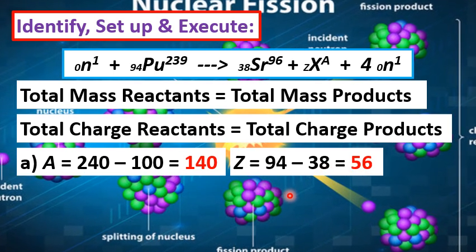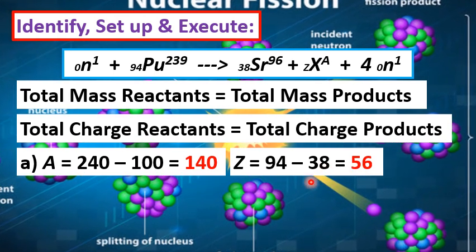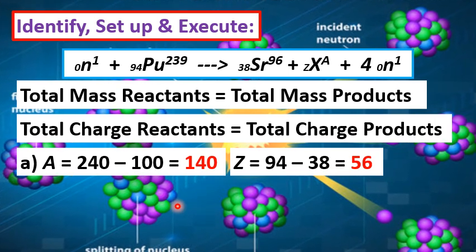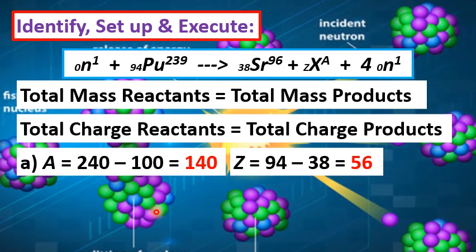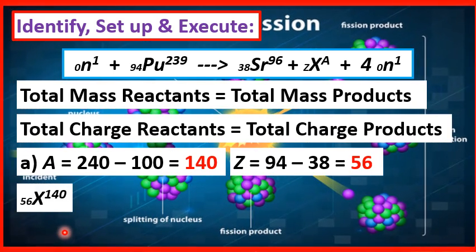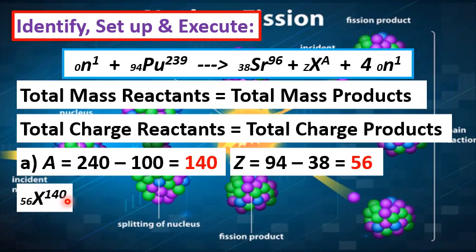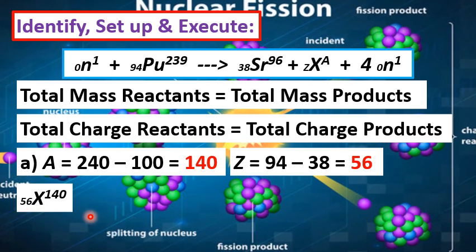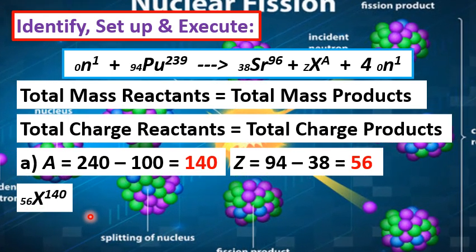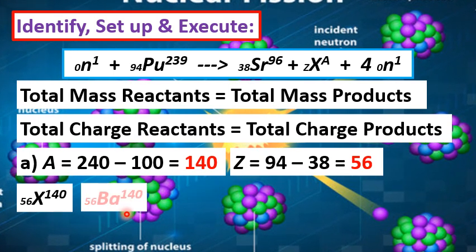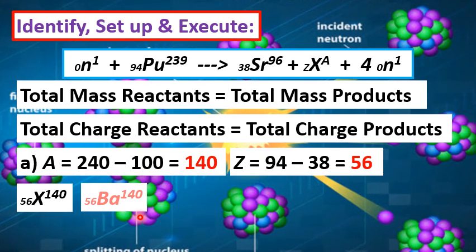And if you're going to use a modern periodic table, we will find that this element X, whose mass number is 140 and whose atomic number is 56, is no other than the element barium, right?